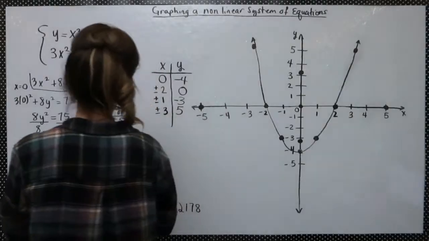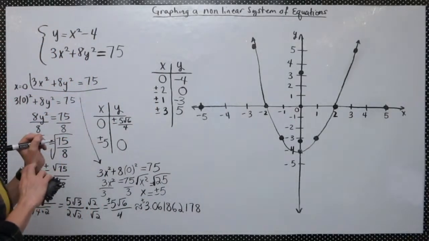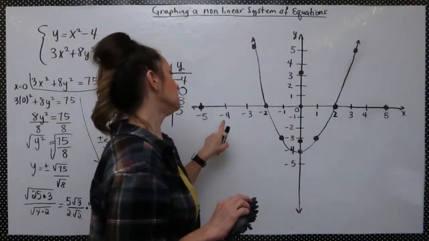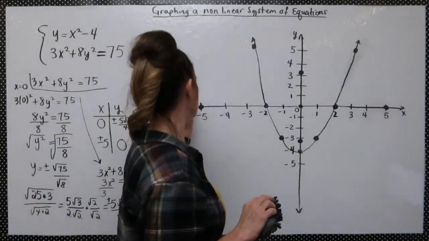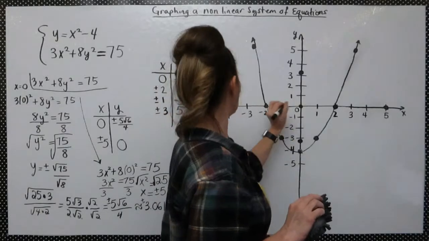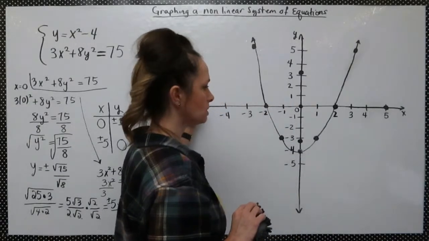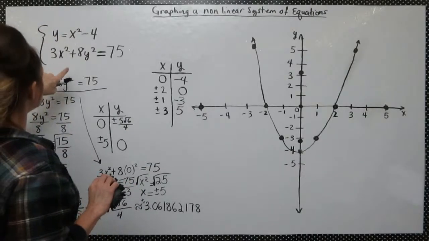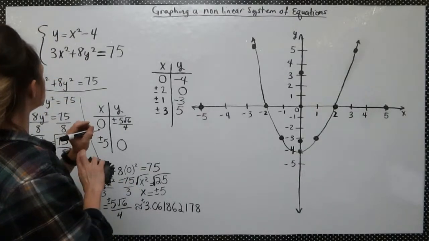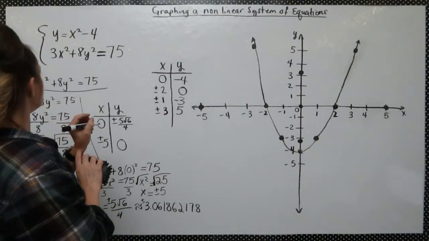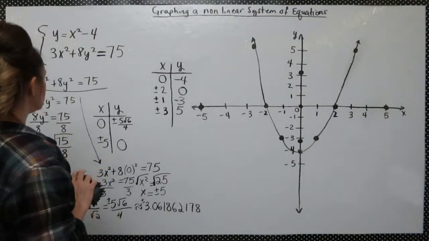Let's go ahead and plug in some of these other values in my domain, because I know that I have all of these values because this is my intersection. And I do think that this ellipse is centered at the origin because of the graph.